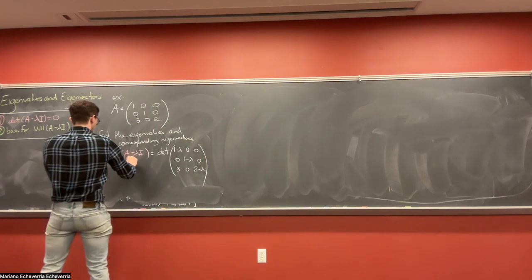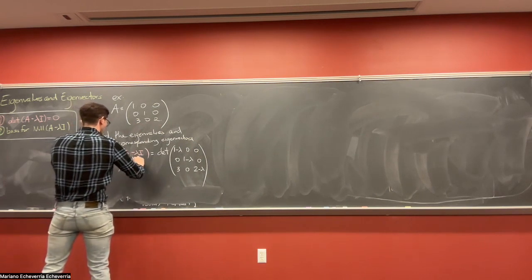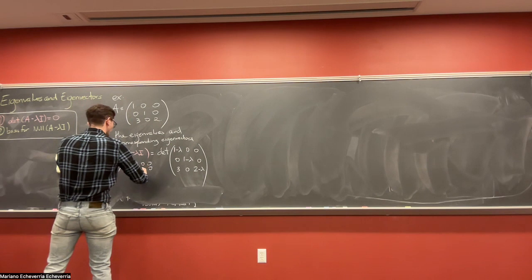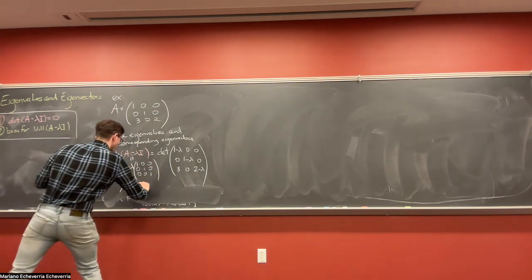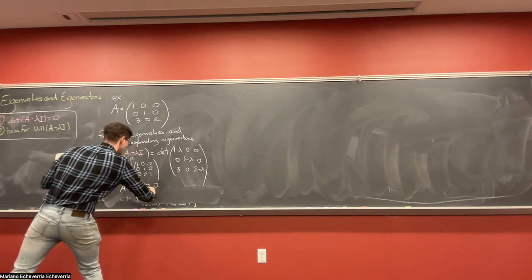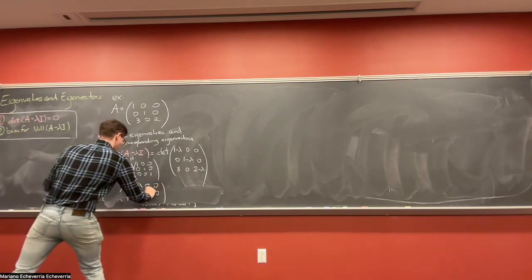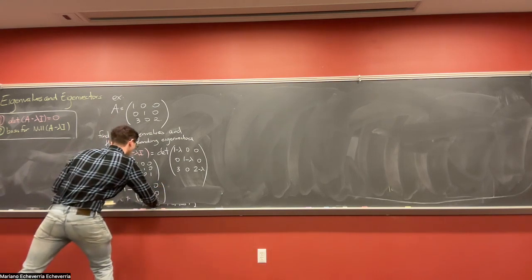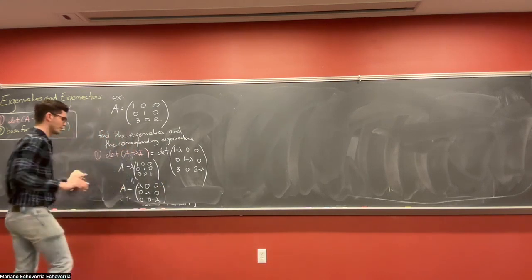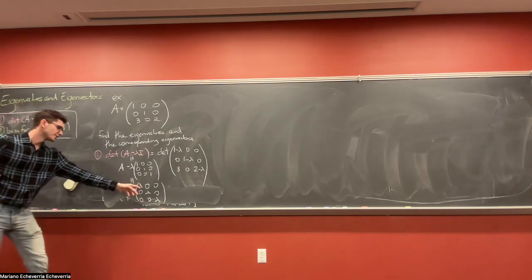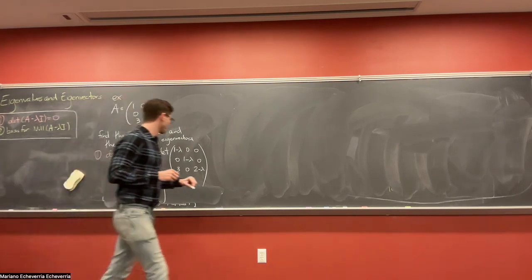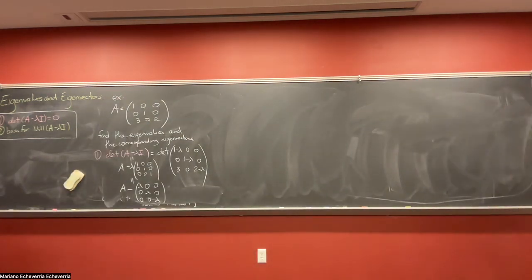Again, this is A minus lambda times the identity matrix, which gives A minus the matrix with lambda on the diagonal and zeros elsewhere. If you subtract the matrices, the only non-zero stuff in that matrix is along the diagonal. Is that making sense? Questions about this?